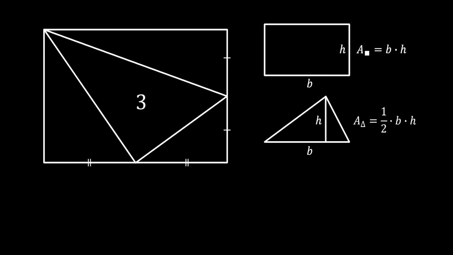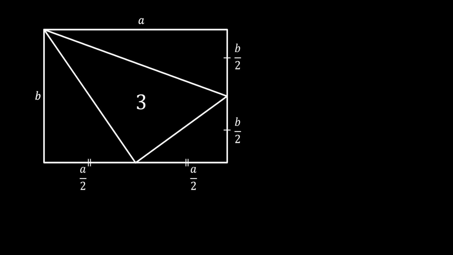Now we're going to use those formulas, but first let's have a look at our sketch on the left. Let's label the length of our rectangle as a and the height as b. And this means that the bottom side will be divided into two identical segments of a over 2, and the right side will be divided into two identical segments of b over 2. Now let's clear our image a little bit, and let's have a look at the right-angled triangle on the bottom right.